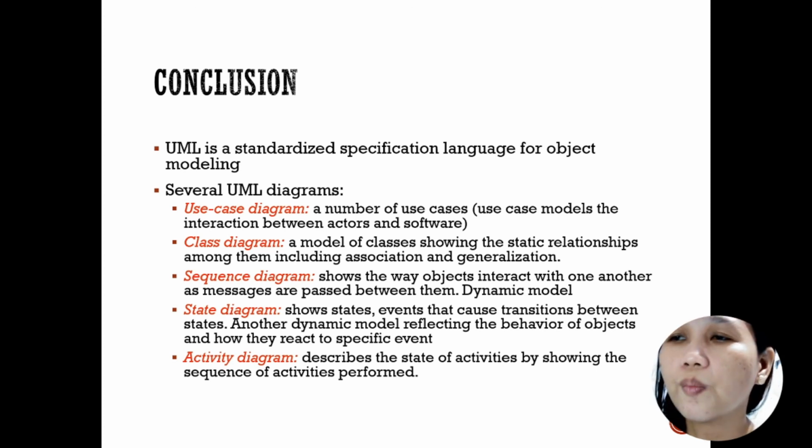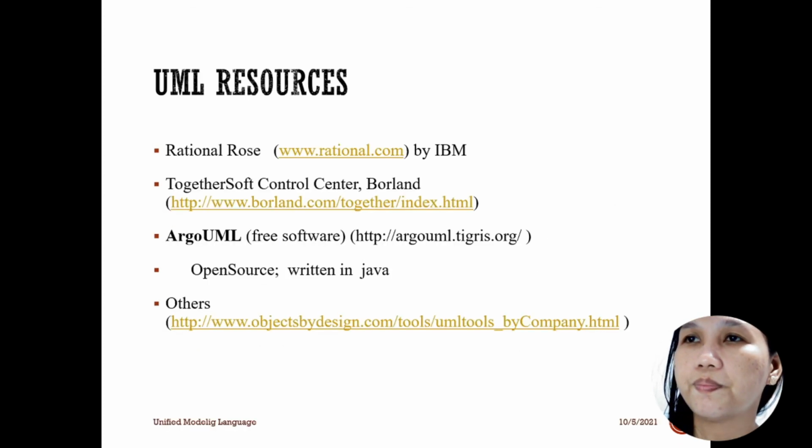The sequence diagram shows the way objects interact with each other as messages are passed between them. The state diagram shows the state, the event, the cause, and then the transition. It's also considered a dynamic model reflecting the behavior of objects and how they react to specific events. And then the activity diagram describes the state of activity by showing the sequence of activities performed.